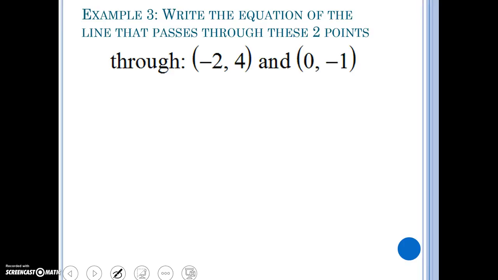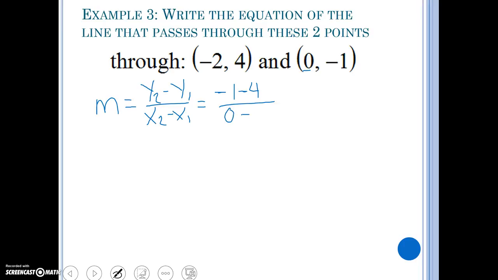Our last example, one more. First thing we want to do is find our slope. So m equals y2 minus y1 divided by x2 minus x1. Our y2 value is negative 1 and our y1 value is 4, and we're going to divide that by our x2, which is 0, minus our x1, which is negative 2.